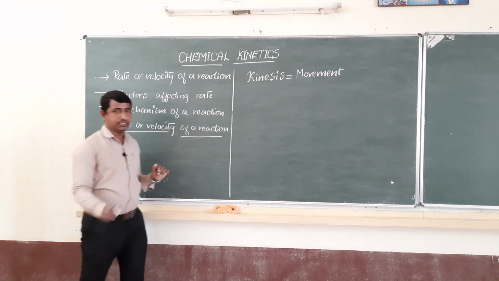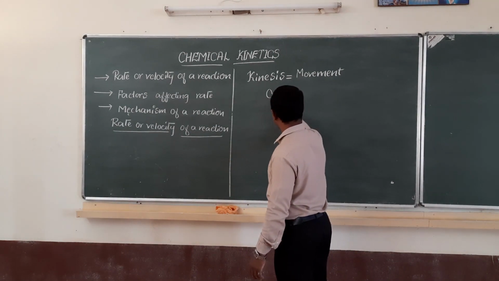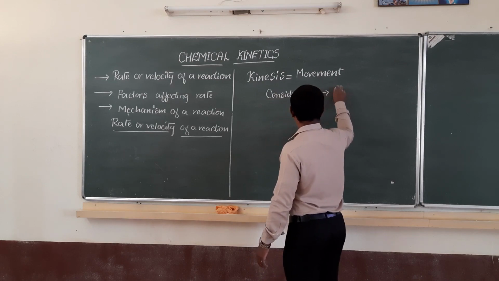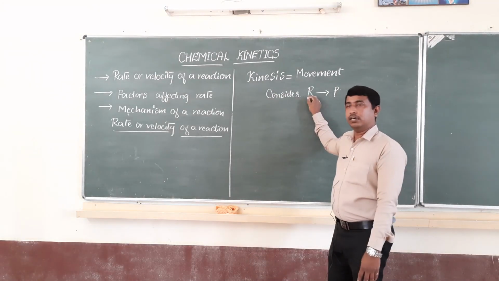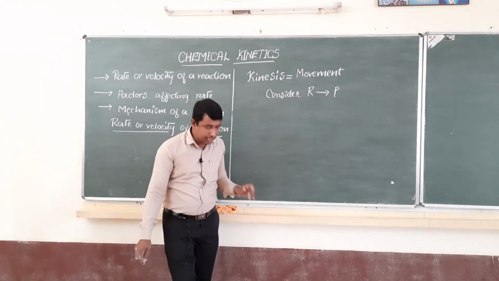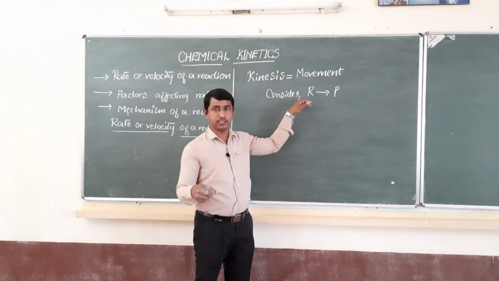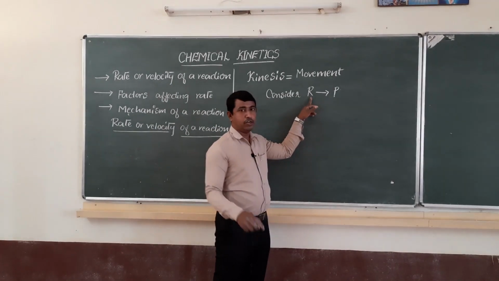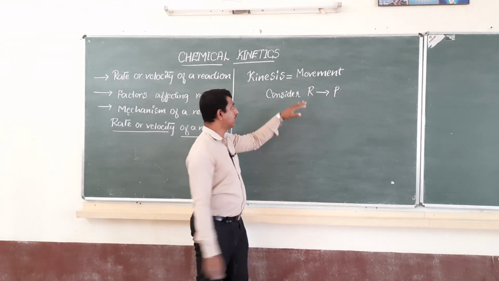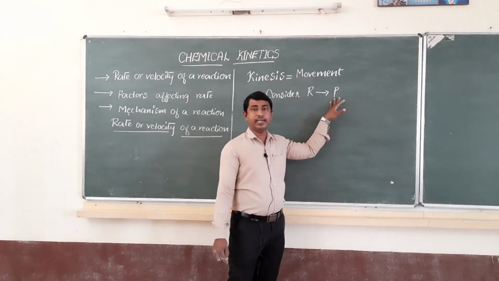We shall consider one general reaction: reactant R producing product P. During a chemical reaction, the concentration of the reactant is very high in the beginning, when time t equals 0, whereas the concentration of the product is equal to 0.